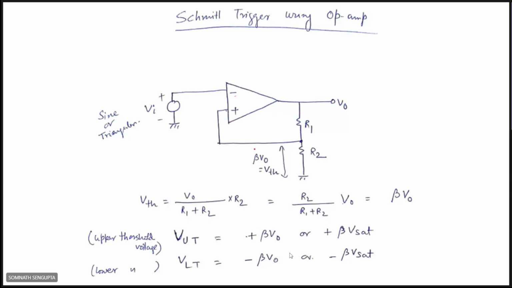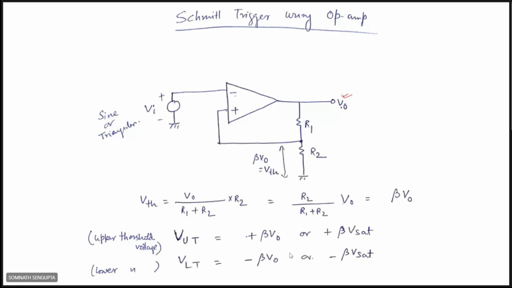Now what is the role of this? This op-amp works in comparator mode of operation. Comparator means the voltages at the inverting and non-inverting terminals are compared, and according to that the output V0 is generated.